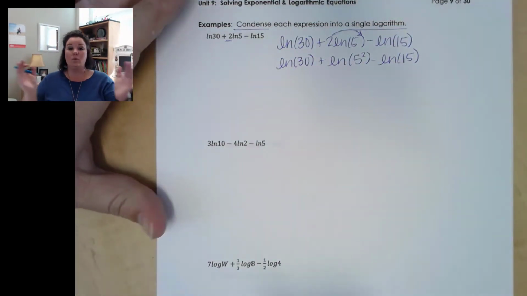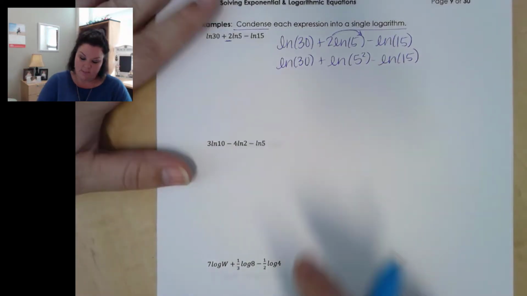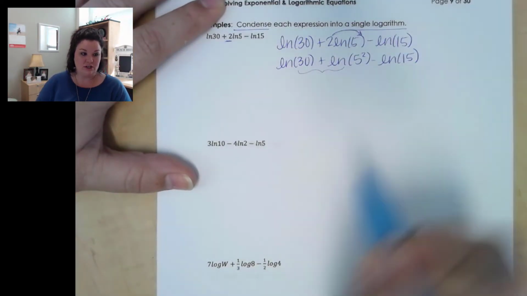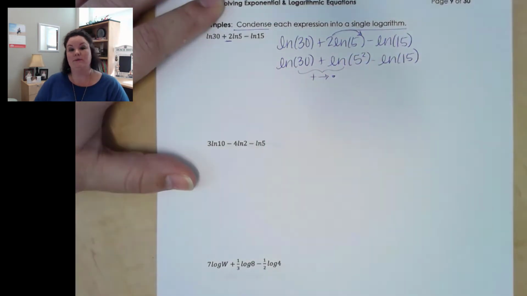Okay, and then I want to start condensing. I have an addition and I also have a subtraction, so I'm going to do it in 2 separate steps. If you can do it all together as one step, that's totally fine. But I see that this is an addition, and I know that addition can be condensed to multiplication.